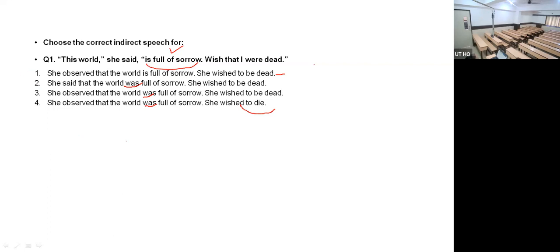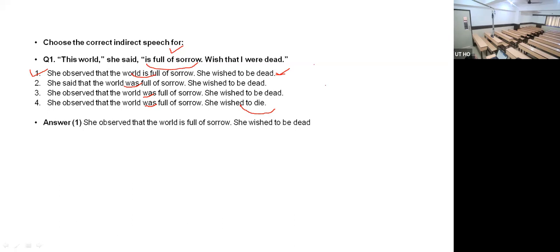Let's see if I'm right. So here, "the world is full of sorrow" is a general statement. We keep it in the present tense, and the only option that is in the present tense is number 1. And "she wished to be dead" is a hypothetical situation where we can use "to be."